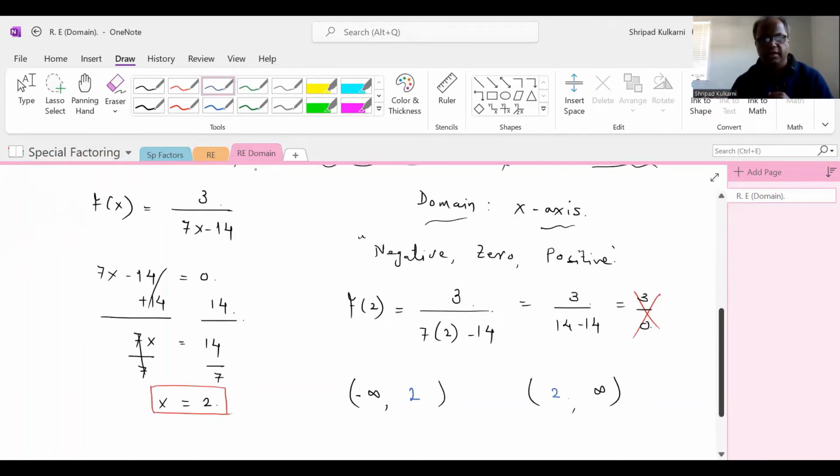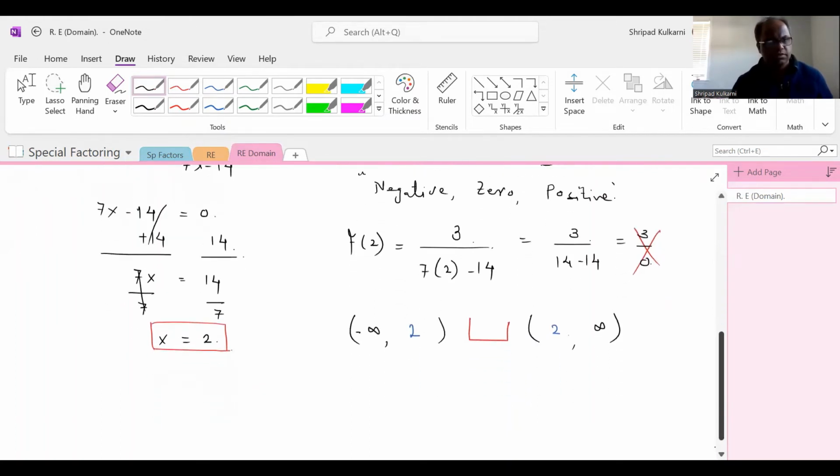And the reason I left a gap is because you have to make a union. Union means the function will work happily for all the values of x from negative infinity to positive infinity, but not at 2. Number 2.